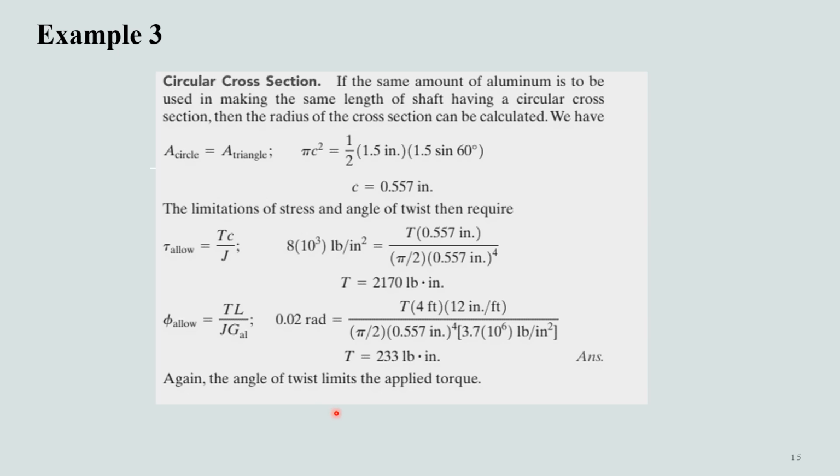Again, here the angle of twist provides us with the limiting torque, but we can see here the limiting torque for the circular cross section is greater than the one that can be applied with the shaft having triangular cross section.